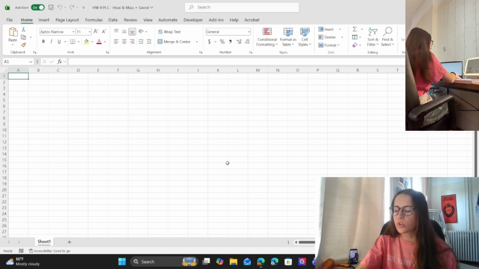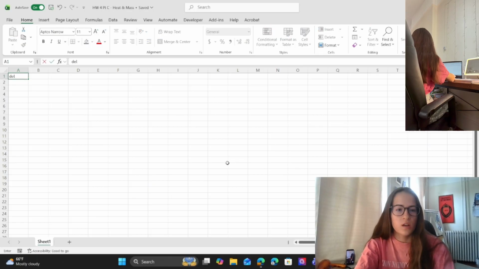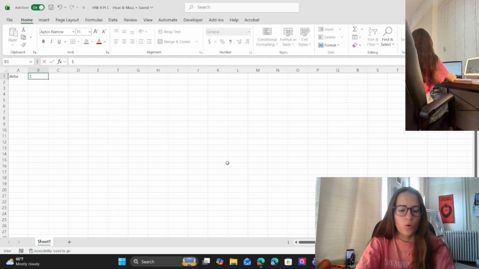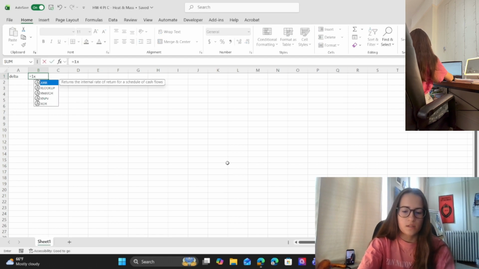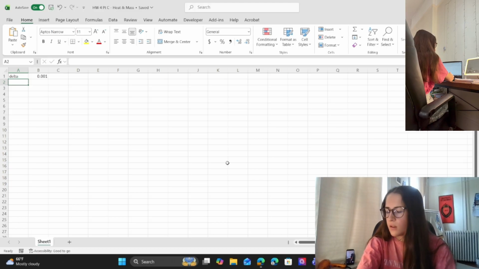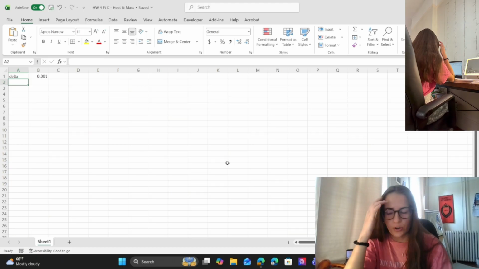So we need to start inputting all of those initial conditions that we were given once again, which is unfortunate, but it needs to be done. So delta, we recognize that that was 1 millimeter, or 1 times 10 to the negative third meter.